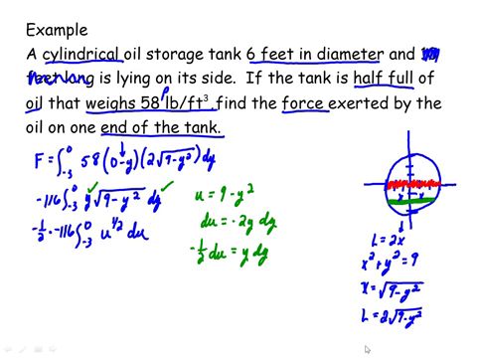Are you okay with that? Are you okay with how I went from here to here? U is 9 minus y squared. That square root is represented as 1/2. Okay? So we have u to the 1/2. All right.